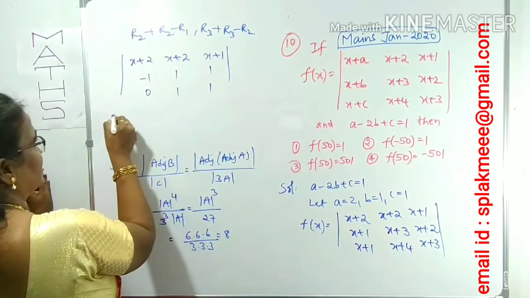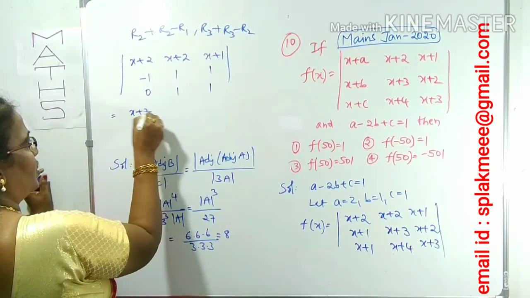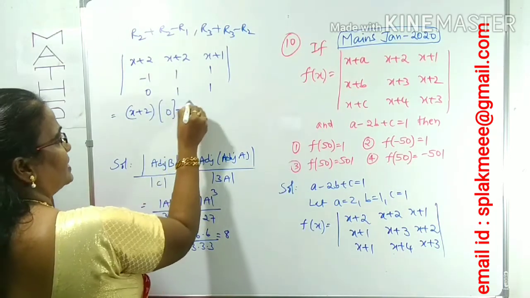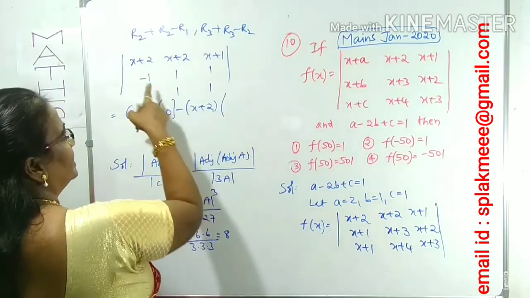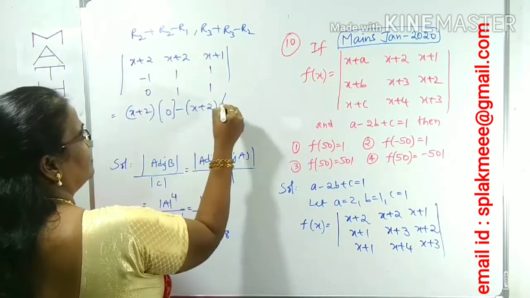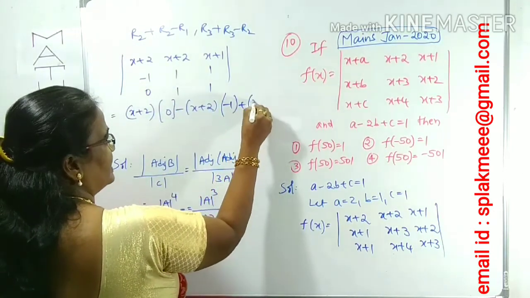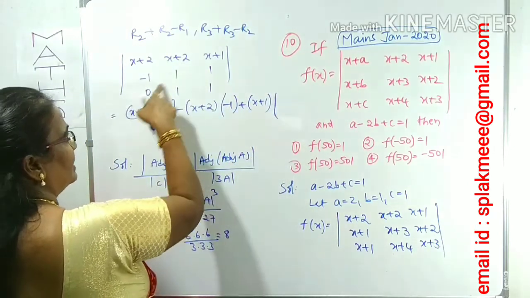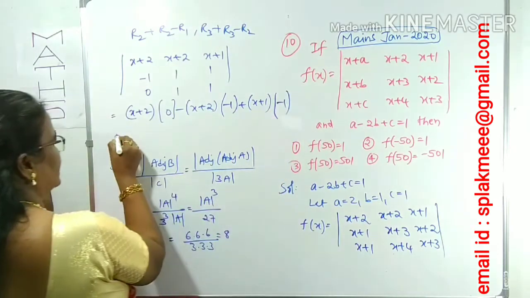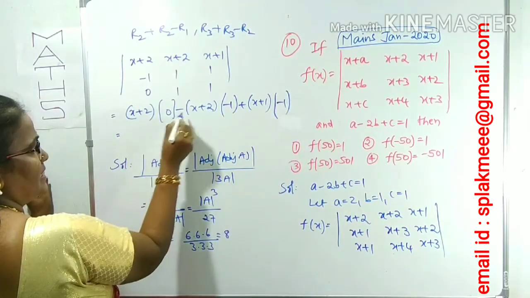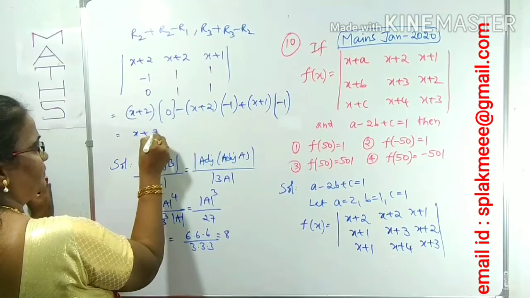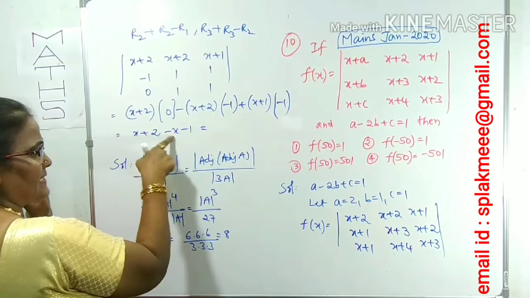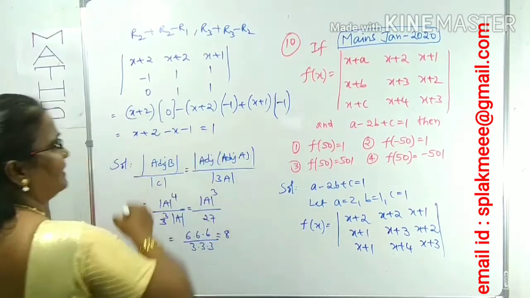By expansion of the determinant, we get x plus 2 times (1 minus 1) which is 0. Then minus of x plus 2 times (minus 1 minus 0) plus x plus 1 times (minus 1 minus 0) which is minus 1. So this is 0, this is plus x plus 2 and here minus x minus 1.